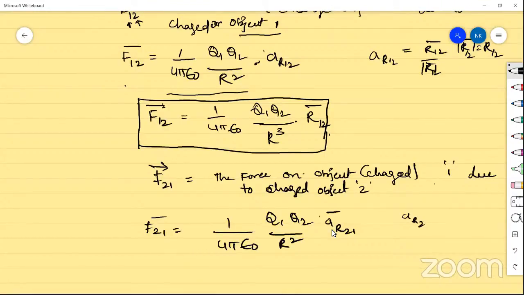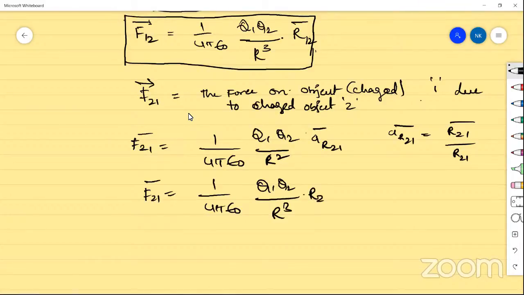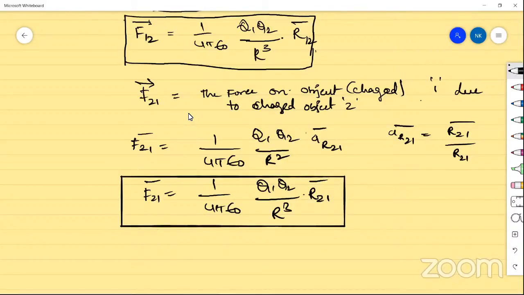So what is AR21? R21 bar by R21. So what is the final one? F bar is equal to 1 by 4 pi epsilon naught Q1 Q2 by R cube into R21 bar.